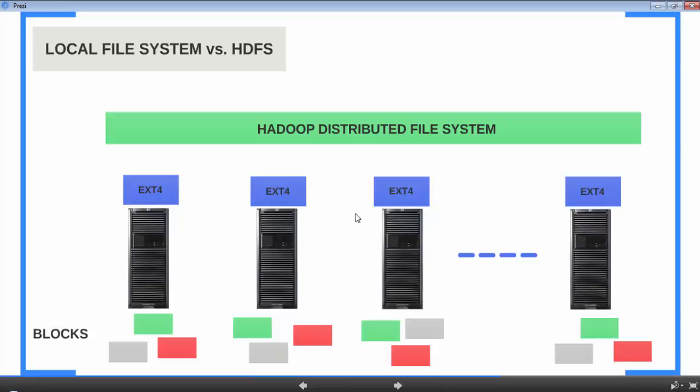So let's say you copy a 700 MB dataset into HDFS. HDFS will divide the dataset into 128 MB blocks. That is the first step. So you will have 5 equal sized 128 MB blocks and one 60 MB block. Make sense? So that is a total of 700 MB.